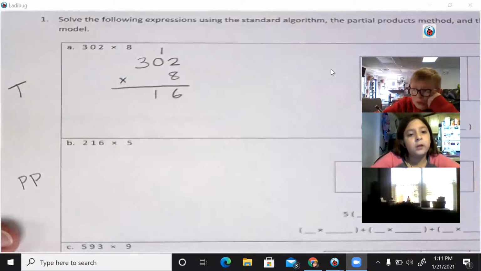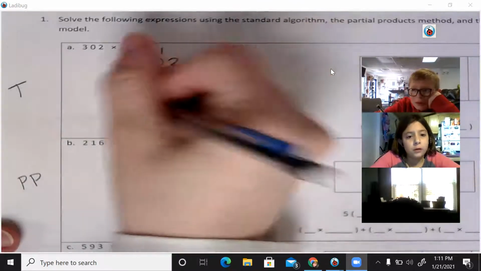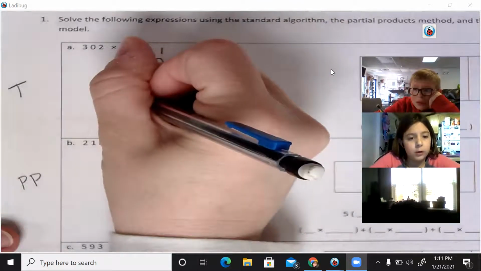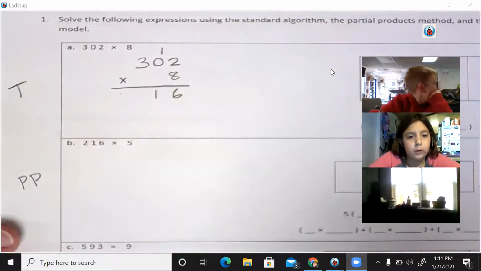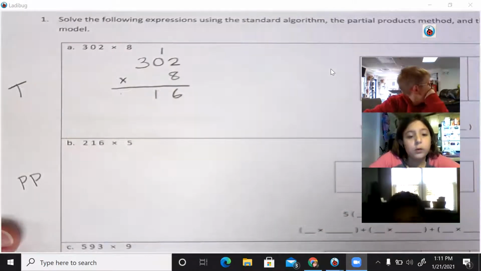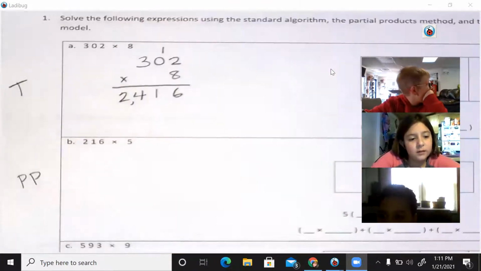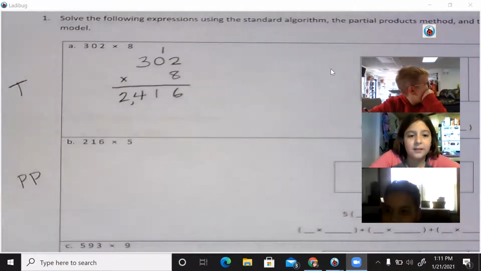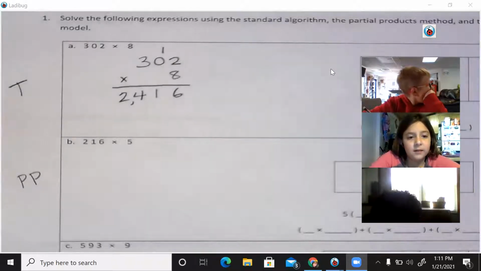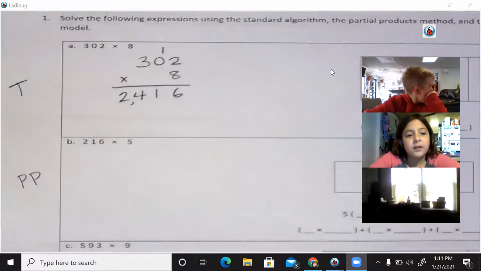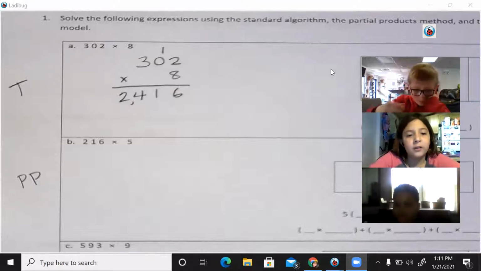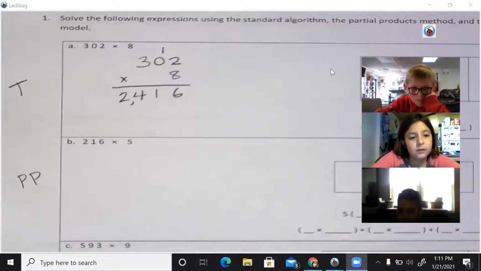And then 8 times 3 is 24. Good job. Bella, you've been like a multiplication rock star. You really caught on to these methods well. Can you read the final answer for us, please? 2,416. Very good. Nice job.